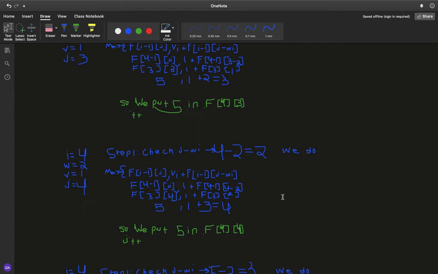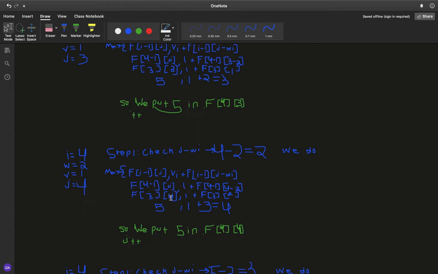2 is still greater than 0, so we take the max value between these two equations. The only thing changing from before is j is now 4. i is still the same, so we still get f sub 3 as the first part for both of them.